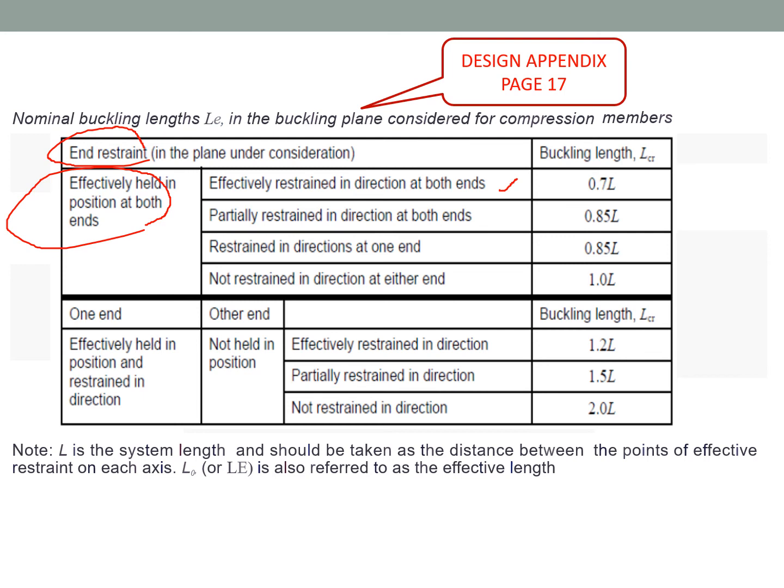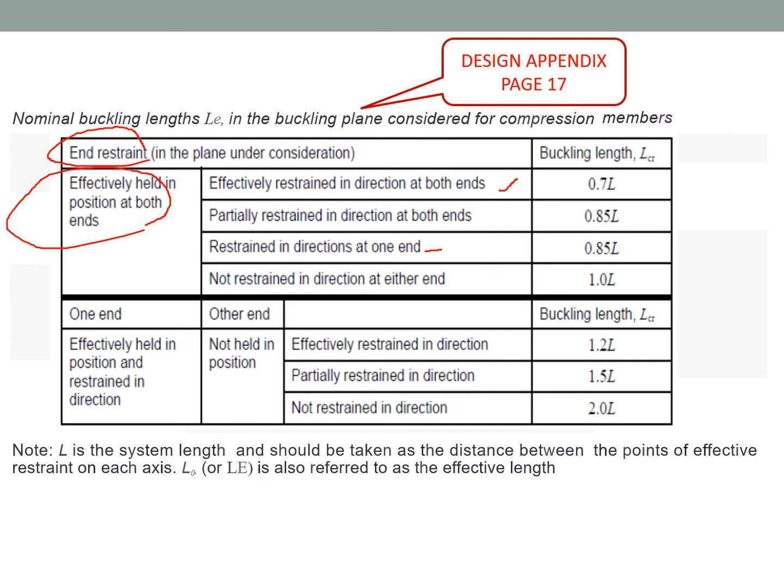If you have partial restraint in direction at both ends, or restraint in direction at one end and fixed restraint at the other, it means here is a pin-fixed condition, and here is partially restrained, which is some kind of spring at your end.